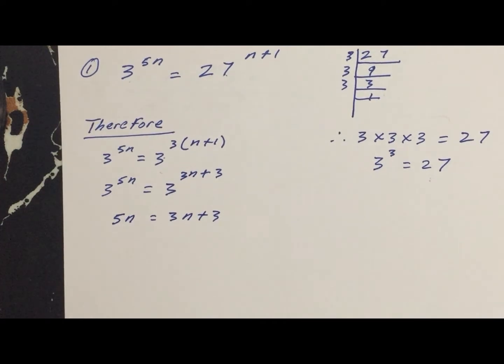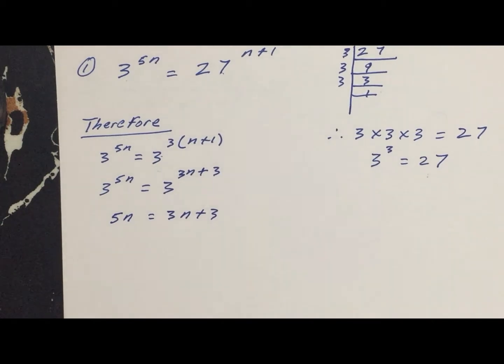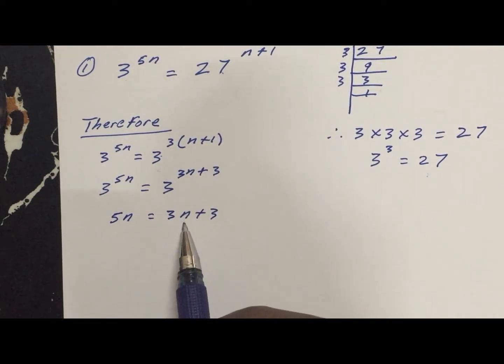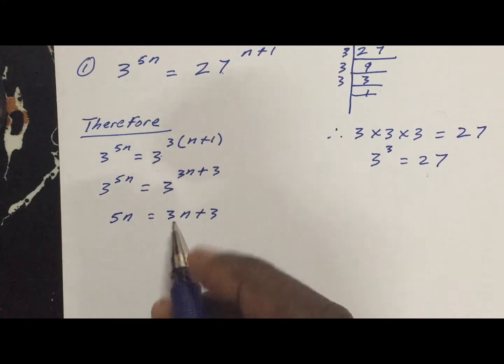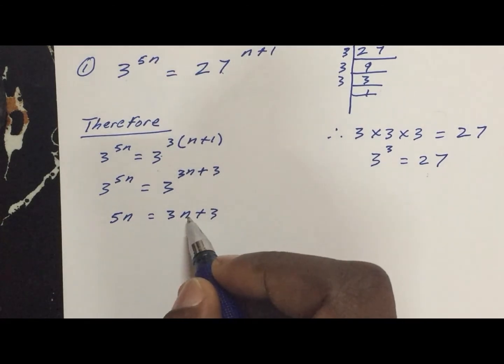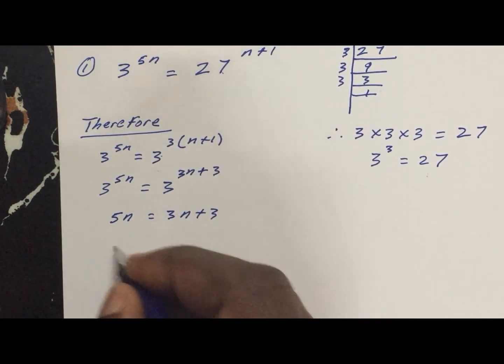Now this is pretty simple. The next step from here would be to group the n's and simplify. Based on laws of transposition, we transpose the formula to make n the subject. So we take this away and bring it over here, grouping the terms.